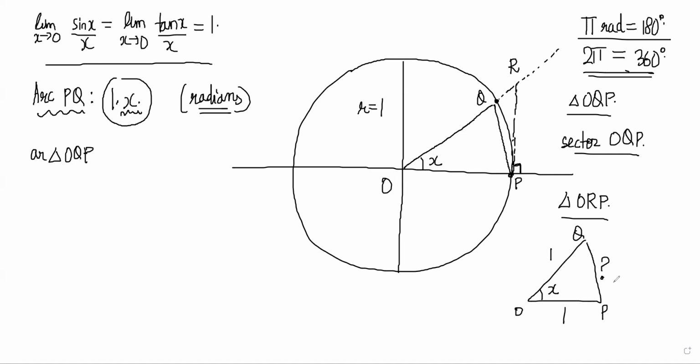Sir, you can just take it as QP. Oh, that will be super horrible. I don't want to use Heron's formula with an unknown thing. What are the things we know in this triangle? We know 1, and angle x. Why don't you take advantage of this angle that is known?